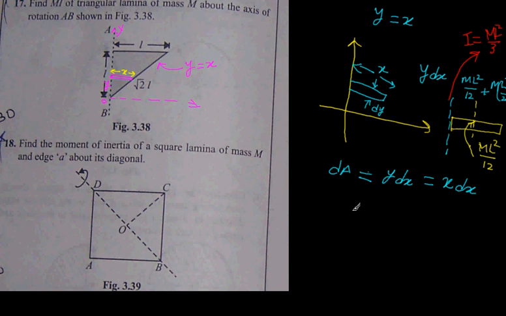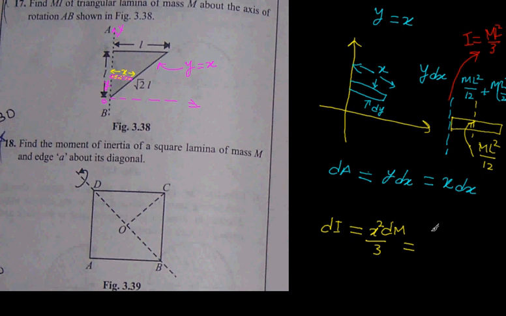The dI is the moment of inertia of this infinitesimal rectangle, so it will be mass dm into the same formula, ml square by 3, where l is x, so dm x square by 3. dm will be density into dA.